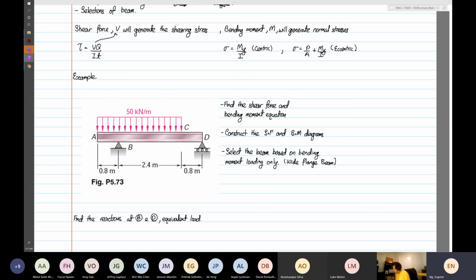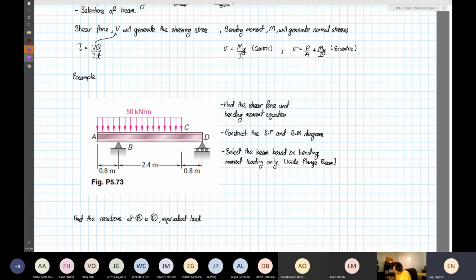Okay, so we're going to draw this now. I'm going to sketch this free body diagram.